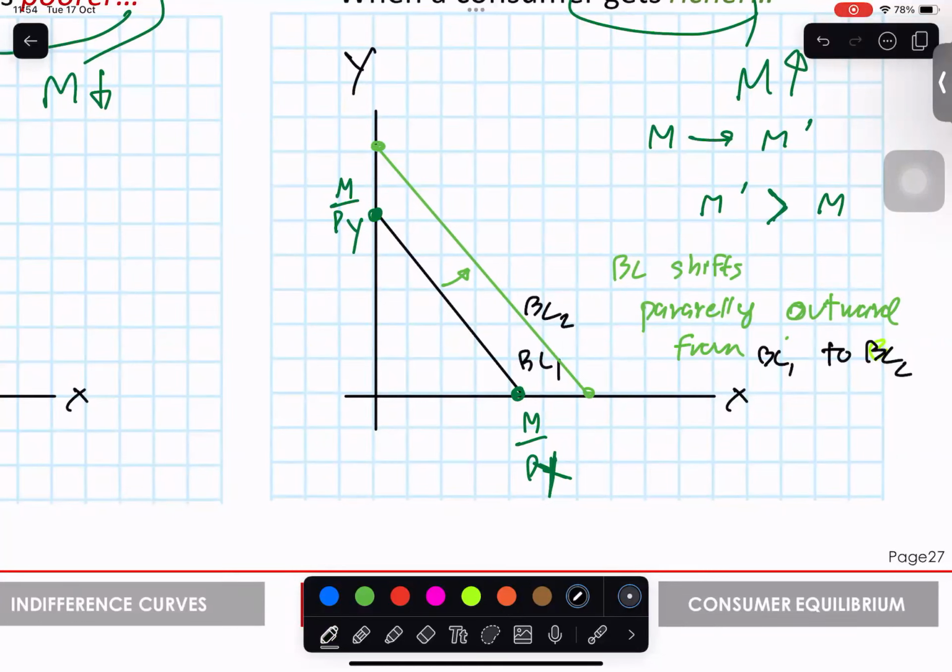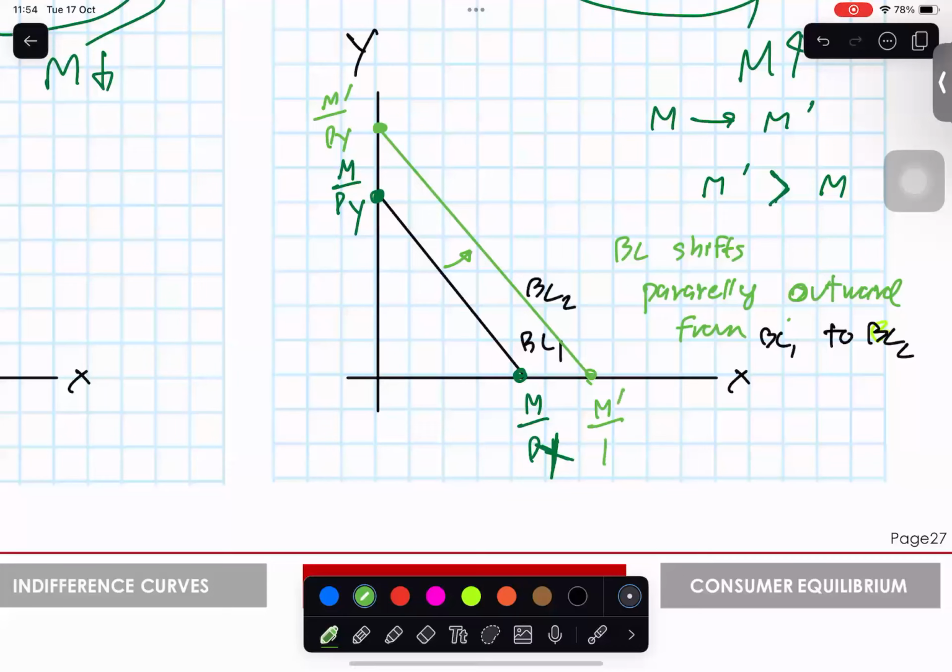And if you want to write down the new intercepts, you have M dash over PY and M dash over PX here.